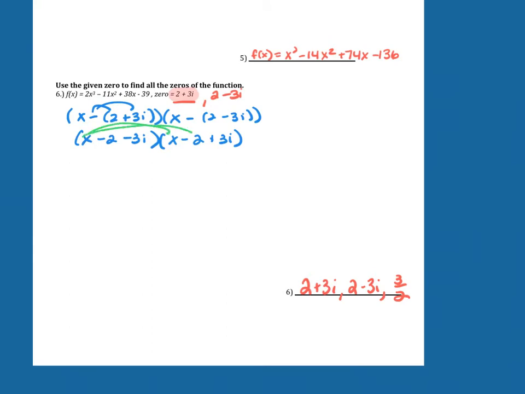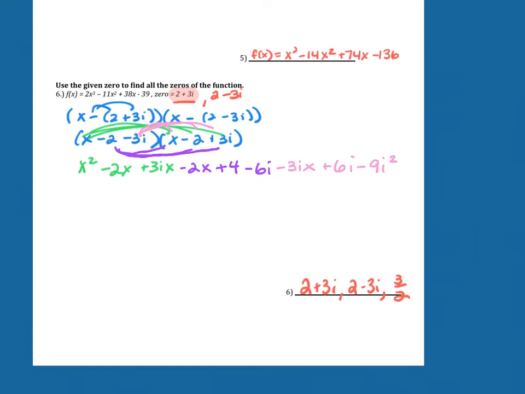So x times x is x squared, x times negative 2 is negative 2x, x times 3i is positive 3ix. Then go to the second one: negative 2 times x, negative 2x. Negative 2 times negative 2, positive 4. Negative 2 times 3i, negative 6i. Then go to the last one: negative 3ix, positive 6i, negative 9i squared.